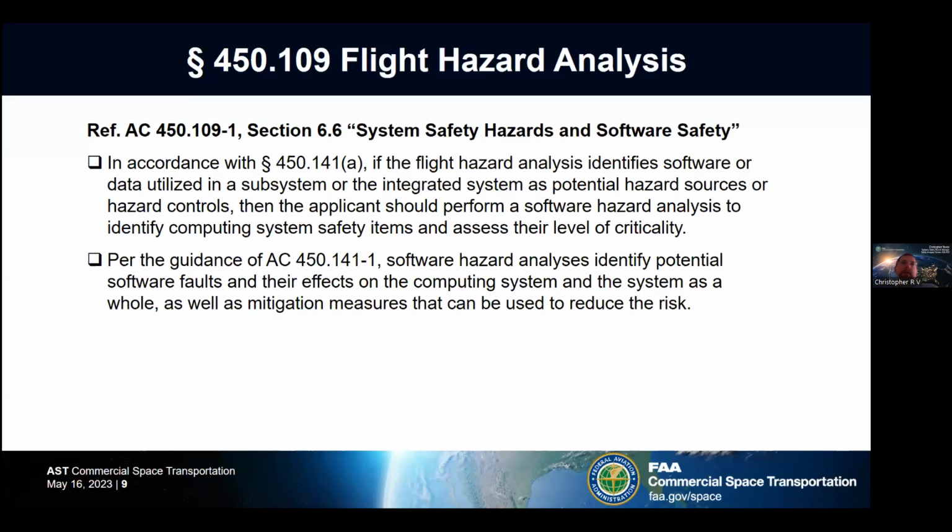Per the guidance of the associated AC, software hazard analyses identify potential software faults and their effects on the computing system and the system as a whole, as well as mitigation measures that can be used to reduce the risk associated with computing systems.